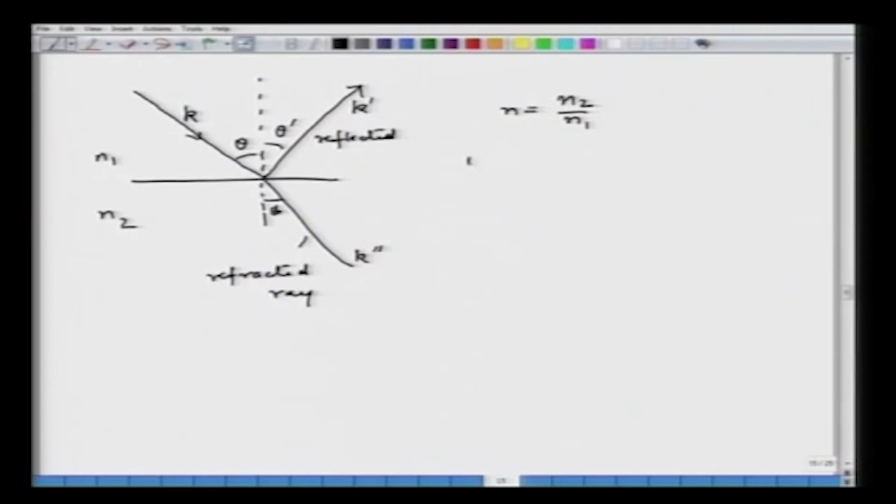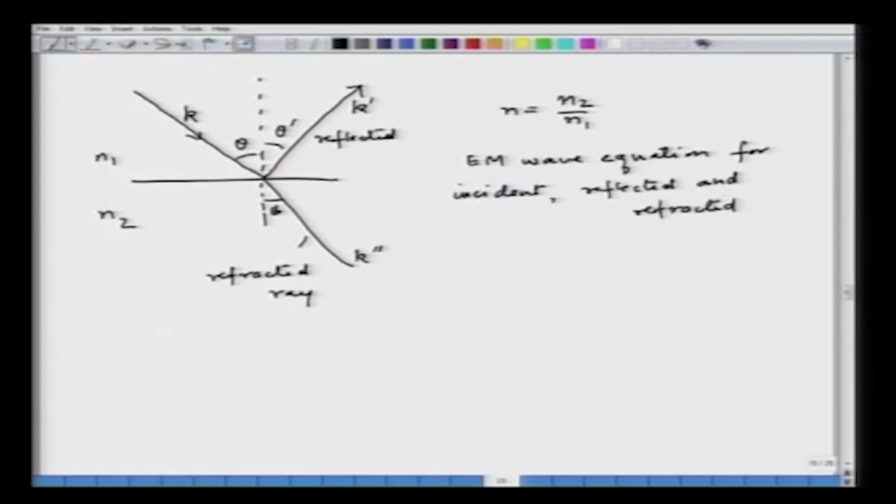Now, if I write down the EM wave equation for incident, reflected and refracted light, I can write it in a general expression, the incident wave as having the magnitude E I, the reflected wave as having the magnitude some E prime.